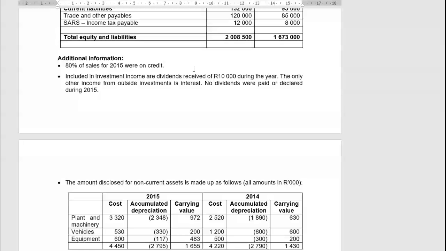So then all you have to do is you're going to add that cash sales to the amounts received from the debtors. So really, in this question as well, this is a bit of useless information.